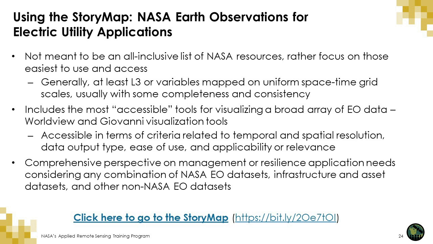Instead, story map content is focused on data sources that are easy to access, meaning these sources are free to use and generally easy to find for users not experienced with NASA data portals, and easy to use, meaning that most data presented in the story map are level 3, in which the variables are provided on a gridded map.